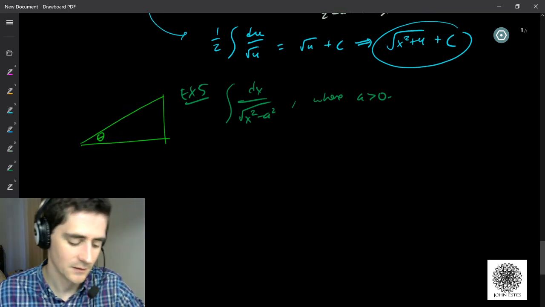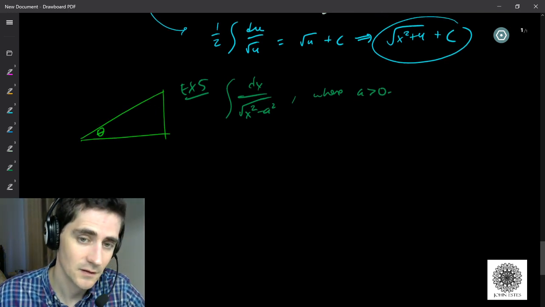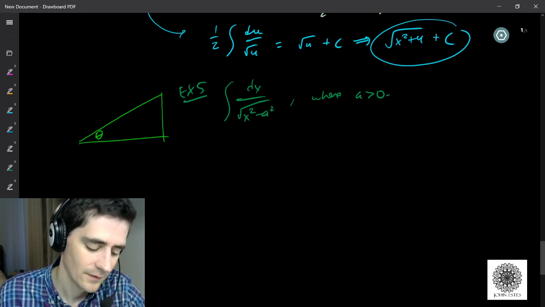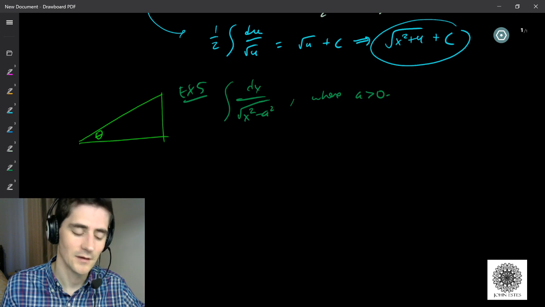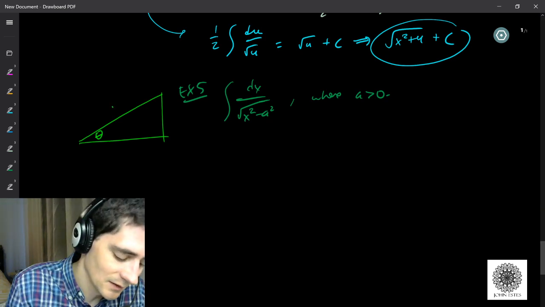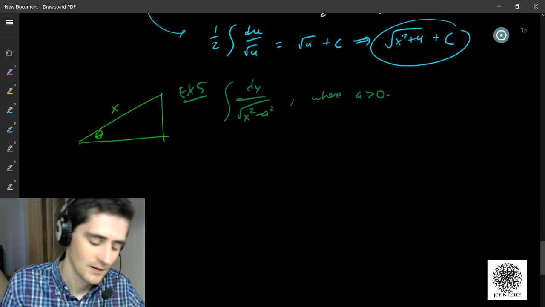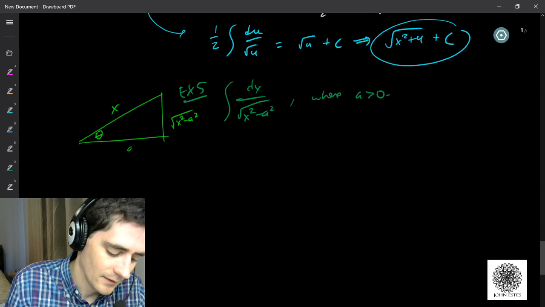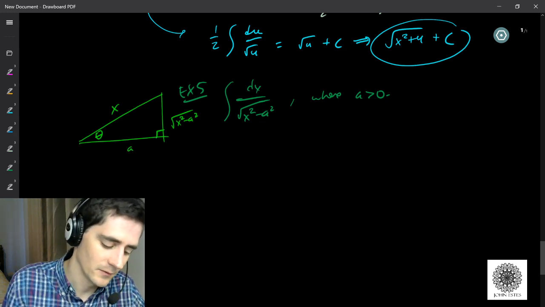And think to yourself, what side of this triangle, for this x squared minus a squared, is not going to be the hypotenuse, right? The long side's the hypotenuse, so this time x is the hypotenuse. And then I'm going to set it up like this, square root of x squared minus a squared there, and then a right here with my right triangle.